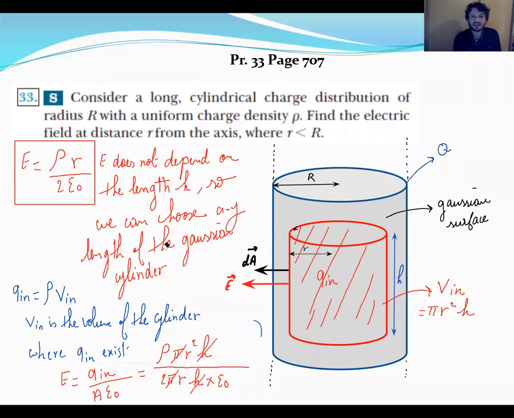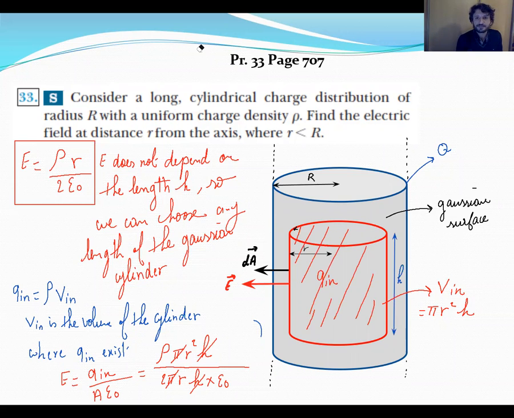Because maybe you can ask me why you take only a small cylinder as a Gaussian surface. Why don't you take a very long cylinder to cover all the length of the cylinder? The field doesn't depend on the length.